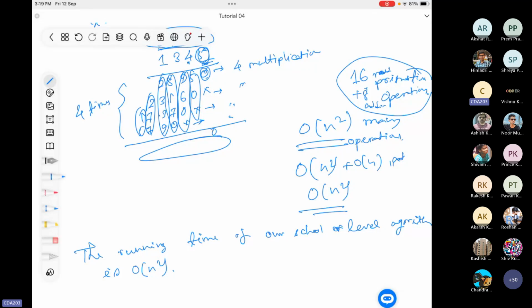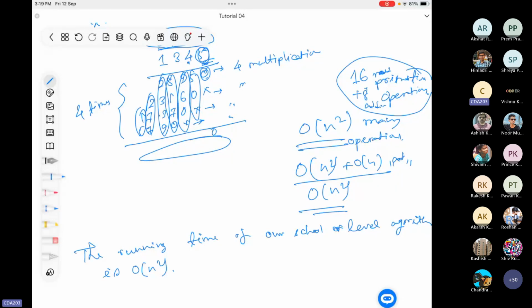So that's why I wrote here order n square plus order n number of primitive operations. Okay, order n is the second time we do the addition: first we write those multiplications and then we add them, right? So the next step of addition can be done in order n time. Okay, is it clear?